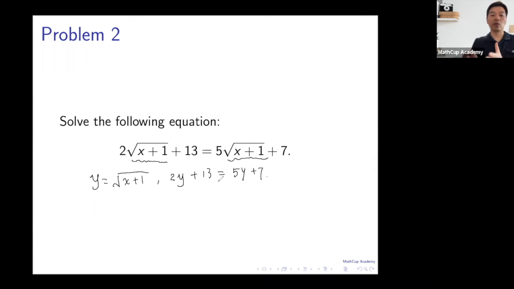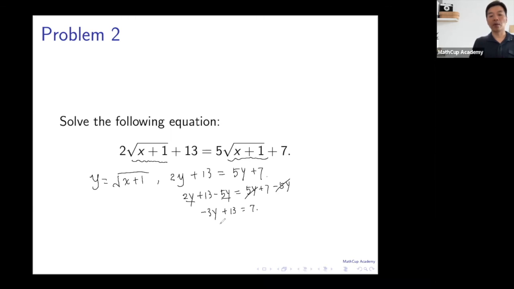And again, moving the y to one side of the equation, isolation. So we have 2y plus 13 minus 5y equals 5y plus 7 minus 5y. The 5y gets canceled. Here, I combine those together: minus 3y plus 13 equals 7.